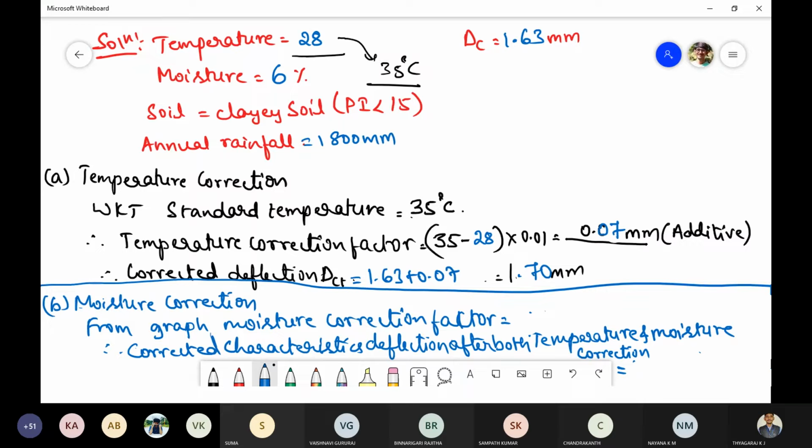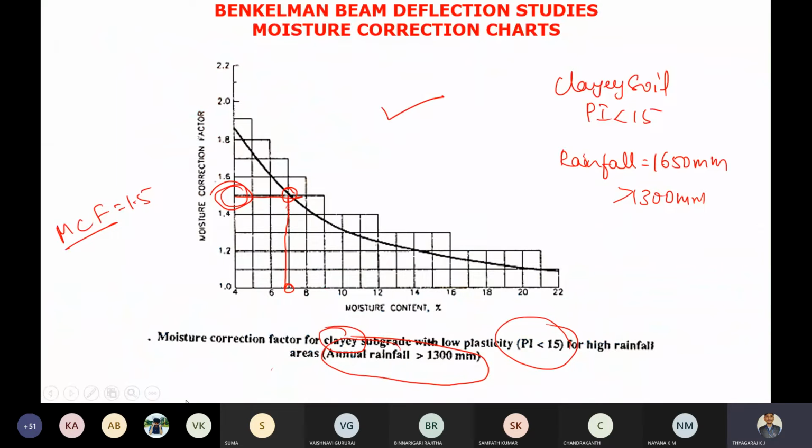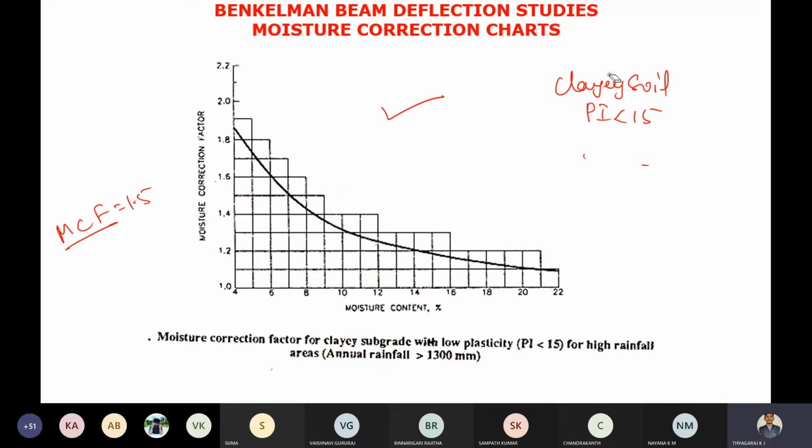Yes, sir. Okay. Now, if it is completed, I will go for the chart. So what is the rainfall? The same chart, right? Yes, sir. The same chart we are going to use. What is the moisture content? 6%.